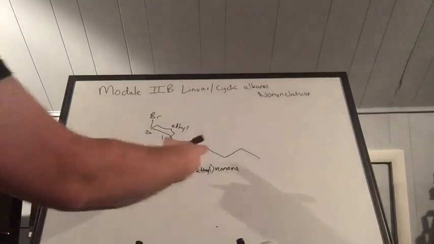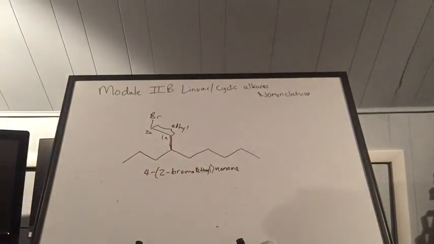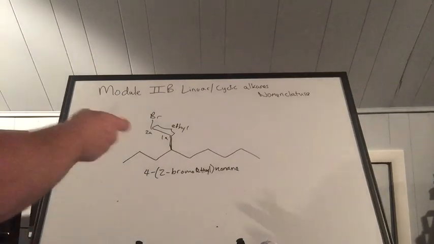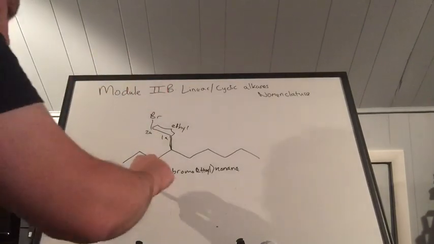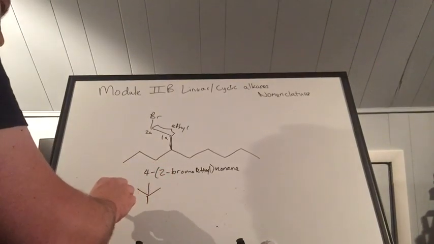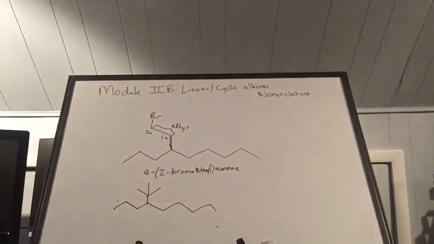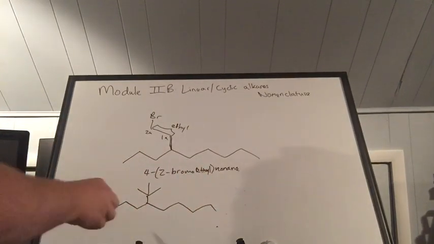Okay, so again, to get the lowest locator number, you would go left to right. Then there's some common or trivial names that the book refers to. So if you wanted a tert-butyl group off of there, I kind of jokingly refer to it as the chicken foot. Everything I draw is just chicken scratch anyway, right?